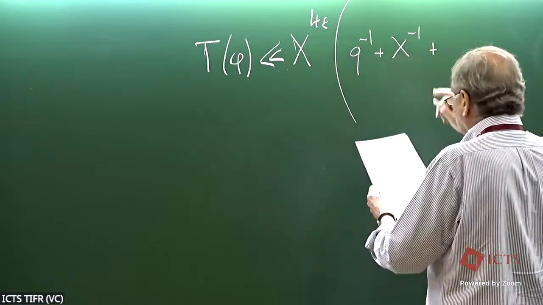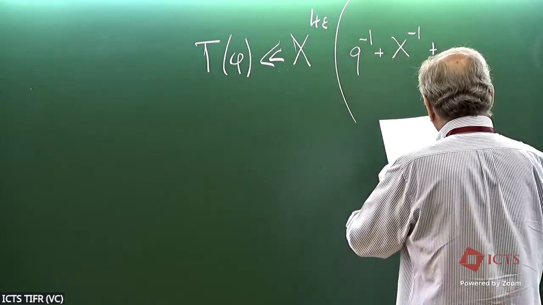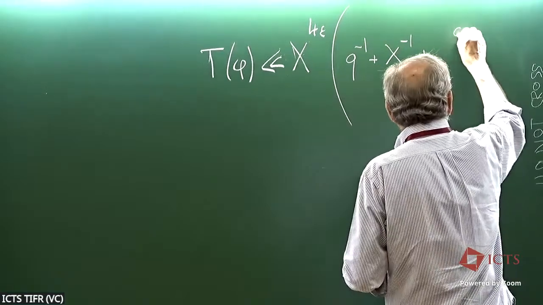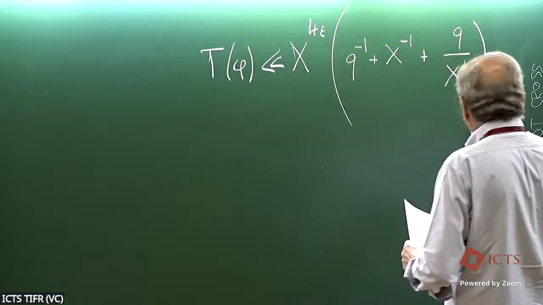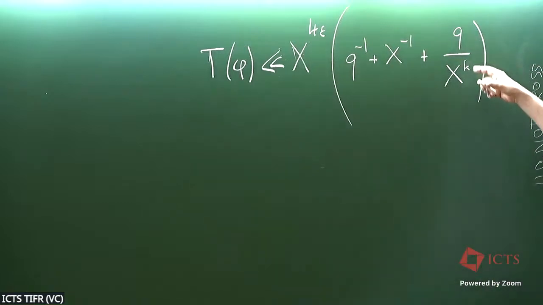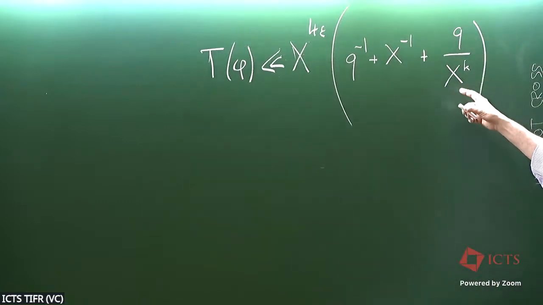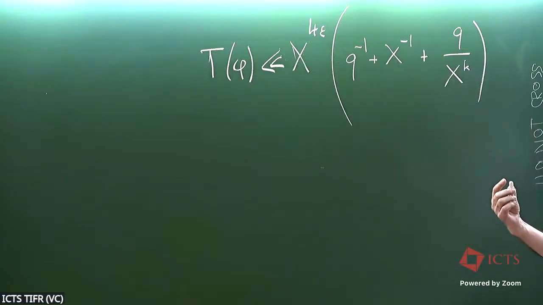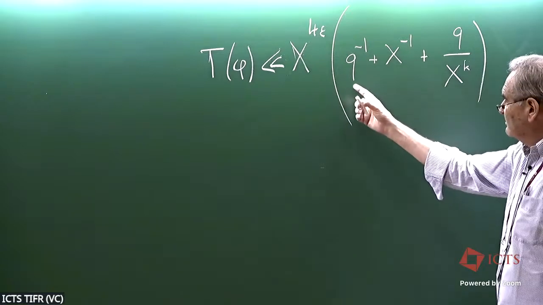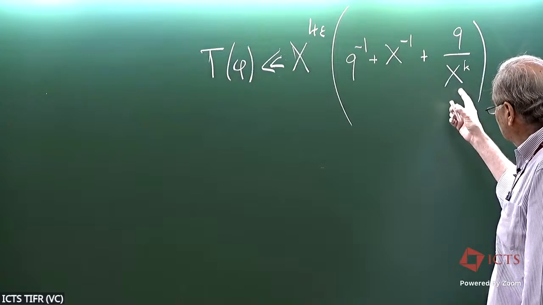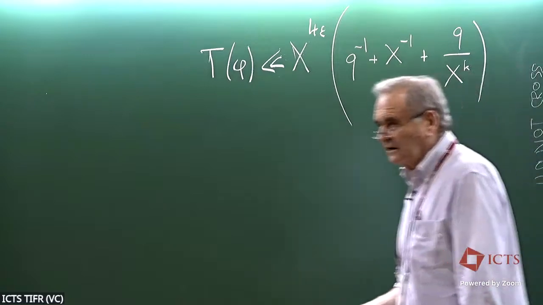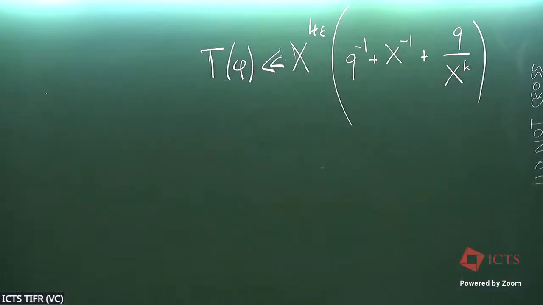It's just for safety you keep that, but this is always good. And then you have something which is q divided by x to the k. So again, it tells you q has to stop somewhere, has to be less than x to the k. And if you want some polynomial saving, you better take q between a power of x and something which is a saving with respect to x to the k. And you see, it's fine, we're in good shape.